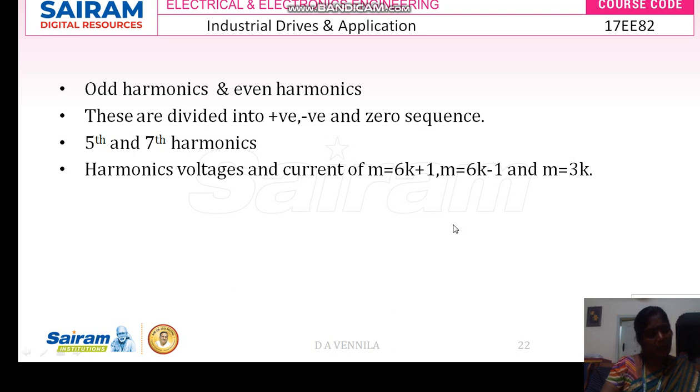Okay, now here generally the seventh harmonics will be 7 times 1500 rpm. So the fundamental will have the speed of 1500 rpm. So the seventh order harmonics will be having 7 into 1500 rpm. It will rotate at that speed.